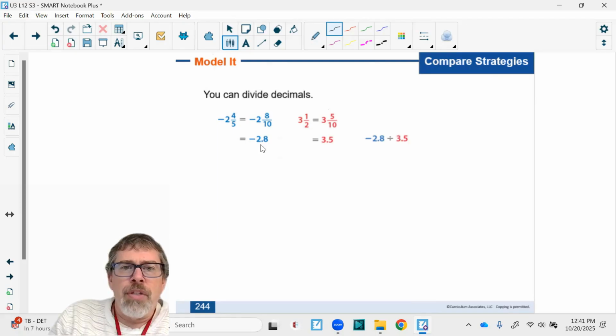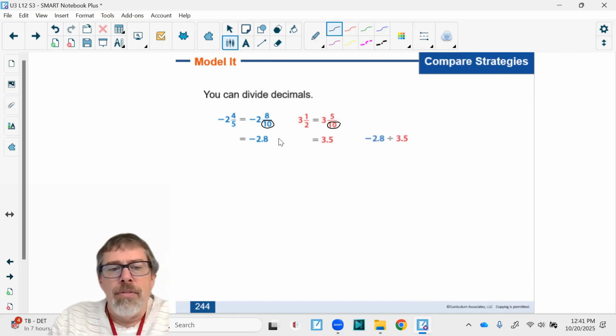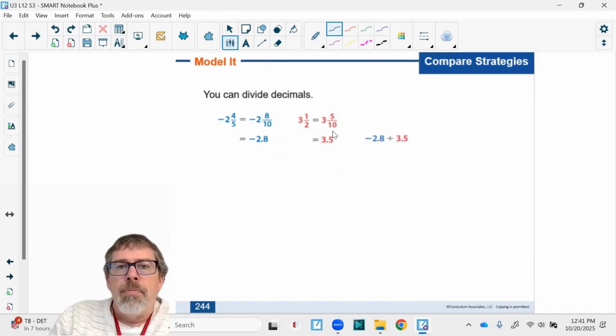Negative 2 and 4/5 is negative 2.8 because it's negative 2 and 8/10. 3.5 is 3 and 5/10 because we need the same denominator. So 5/10 is 1/2 or 0.5. If you put it over 10, you can just write the decimal.